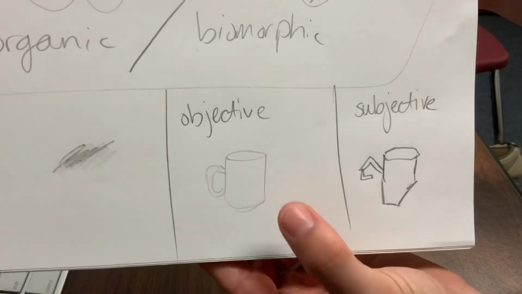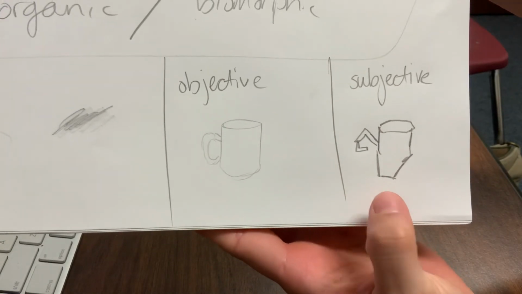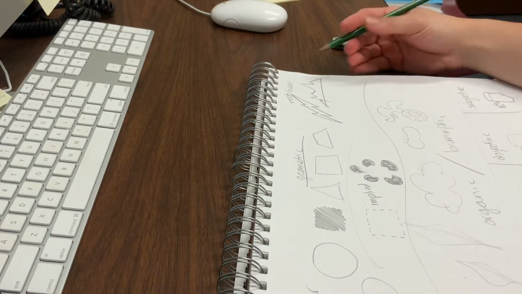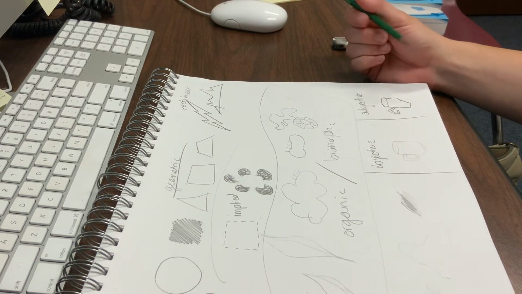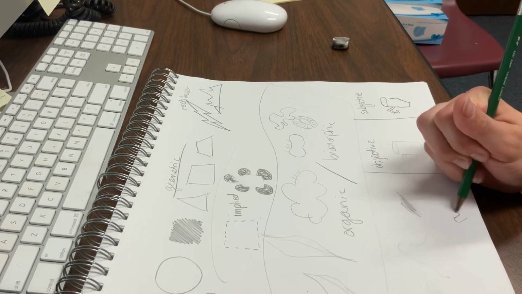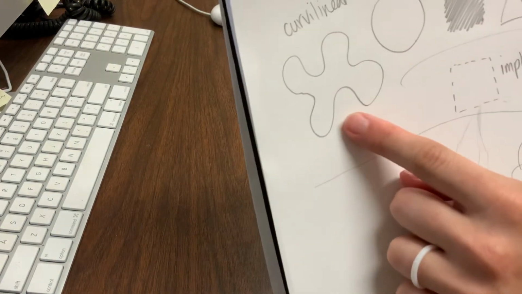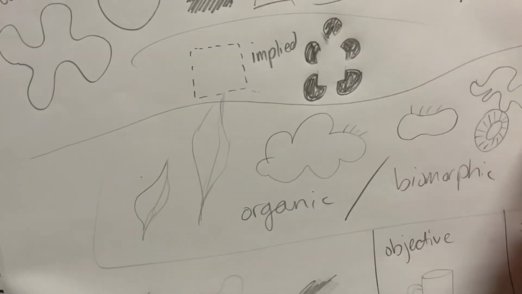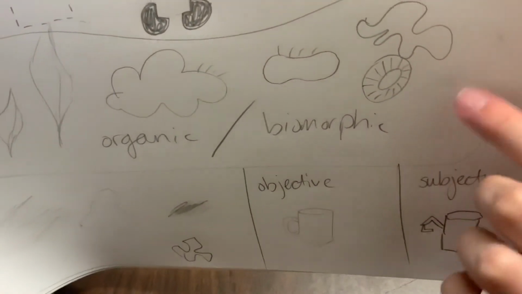So it's like taking the same thing, making one look like it actually does, and then having more fun with the proportions and the way it looks. So like abstract shapes are subjective, non-objective shapes are subjective, meaning it just comes from your head. So like my little curvilinear shapes, that's a non-objective, that's a subjective shape. These little fun guys over here, I wasn't thinking about anything when I drew these three, so that could be subjective.